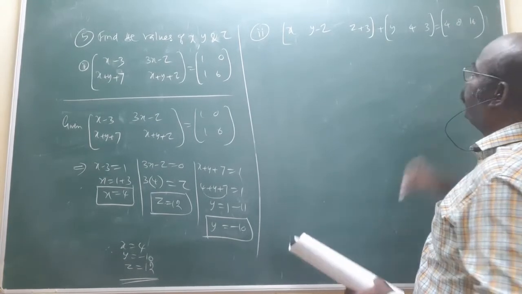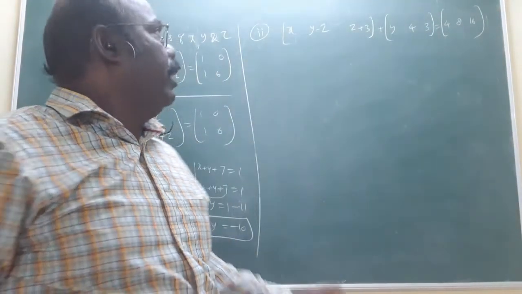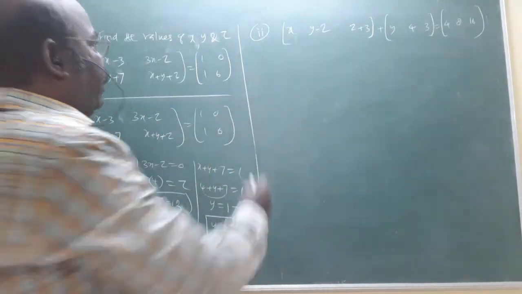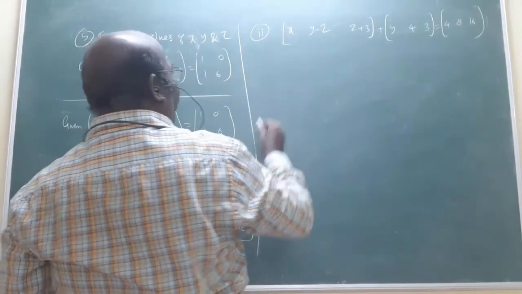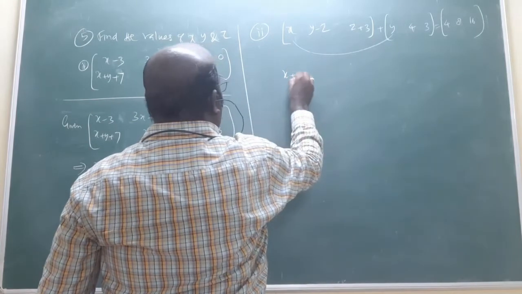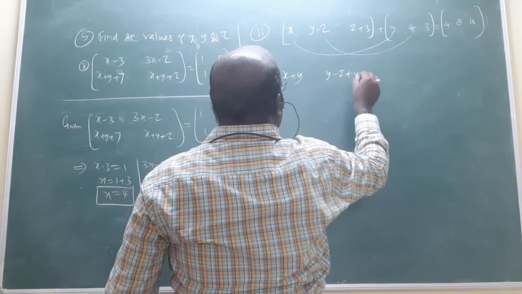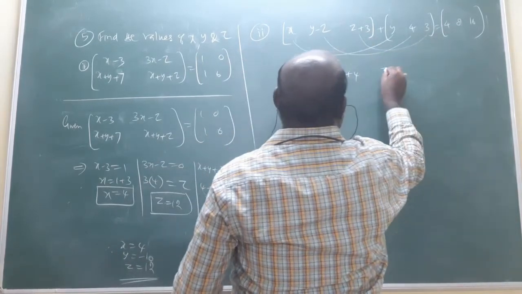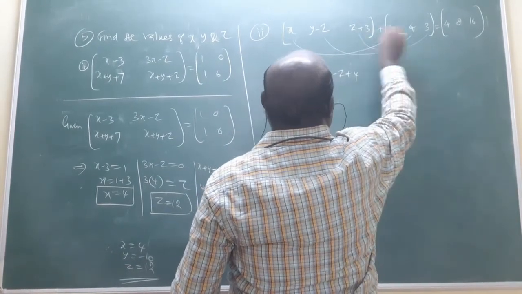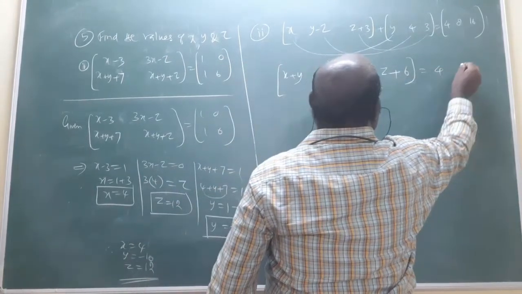One matrix is given, the second is given. Now first thing, plus, that's why I add it. Corresponding elements must be added: x plus y. Next thing, y minus z plus 4. Next thing, z plus 3 plus 3, 6, equal to 4, 8, 16.